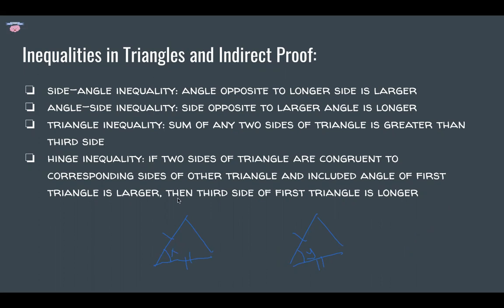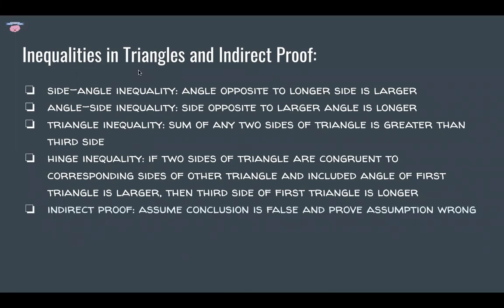So given these two properties, that these two sides are congruent and this angle is larger than this angle, that means this side is longer than this side. It's hard to see a problem that involves the hinge inequality, but if you do, now you know.